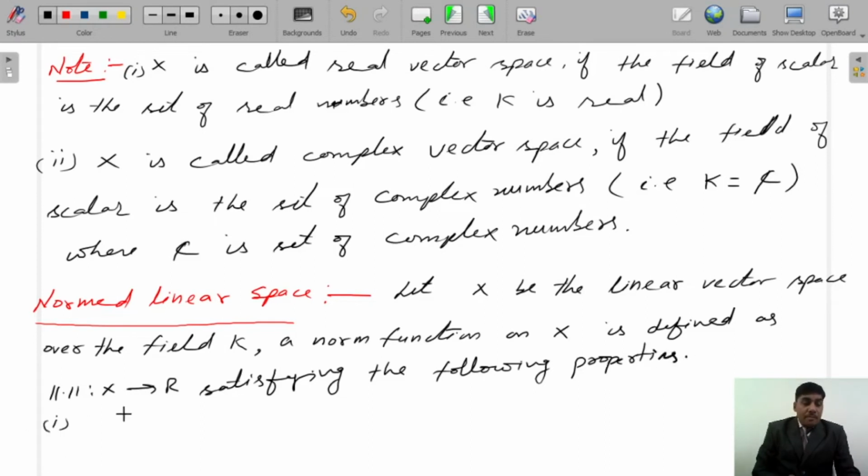First property, norm of x is greater than or equal to 0 for every x belonging to capital X, and norm of x is equal to 0 if and only if x is equal to 0.